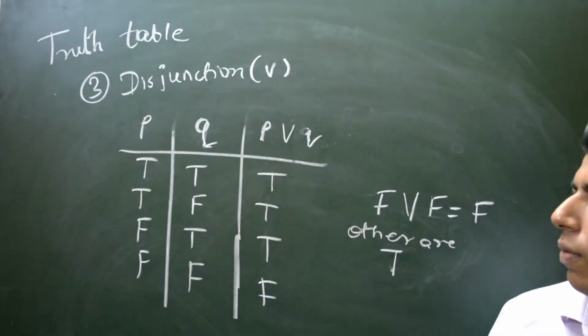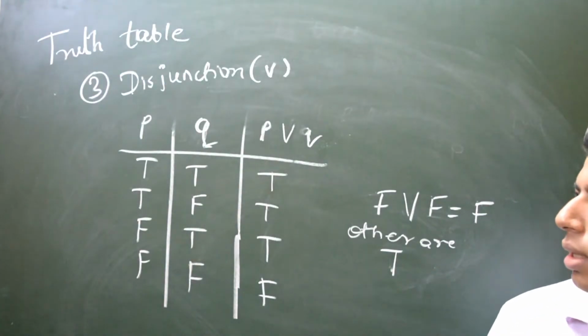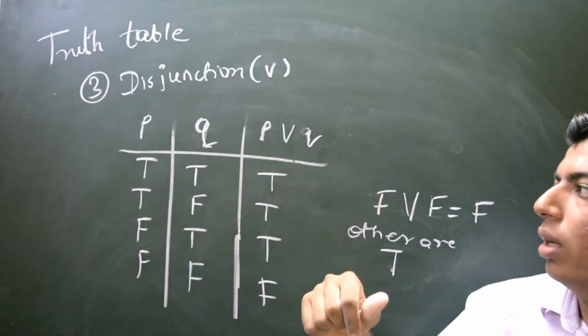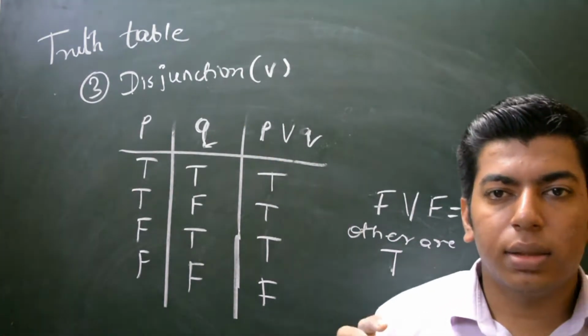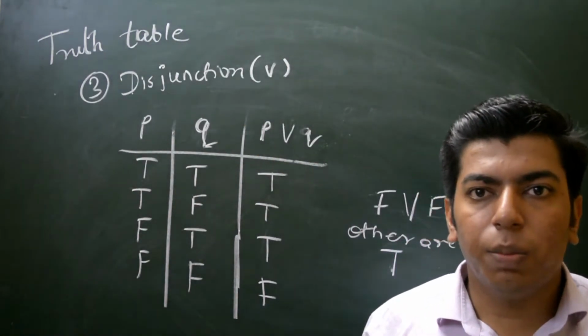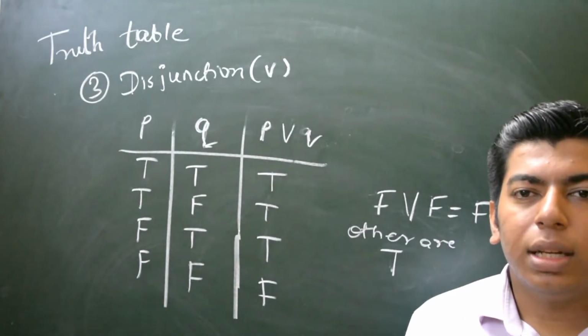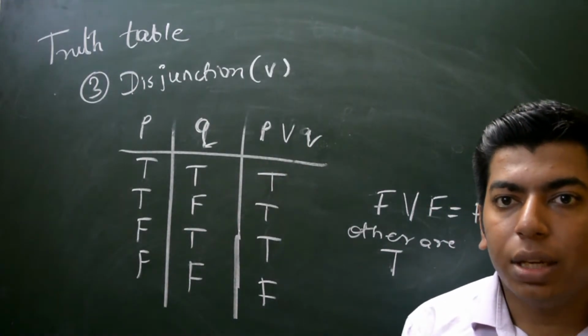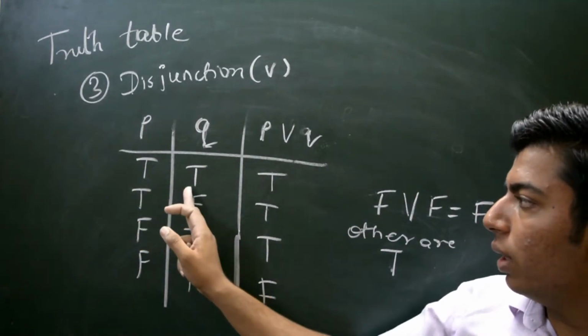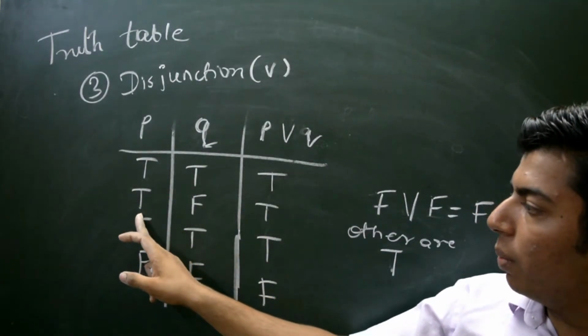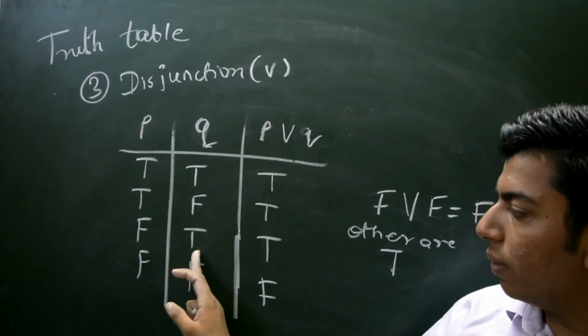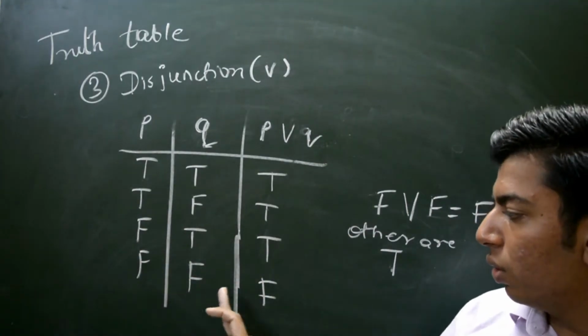This is the table for the disjunction. In this the symbol is like V, and you can remember this simply as the OR operation, that is, you can remember it as the addition operation. That is 1 plus 1 is 1, 1 plus 0 is 1, 0 plus 1 is 1, 0 plus 0 is 0.